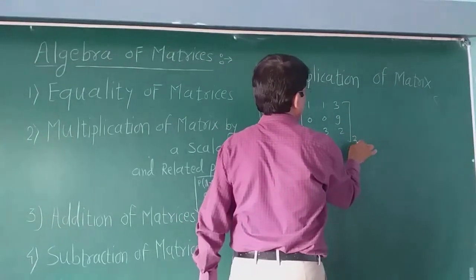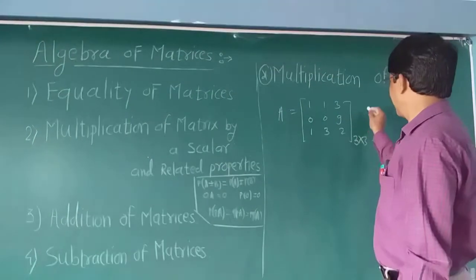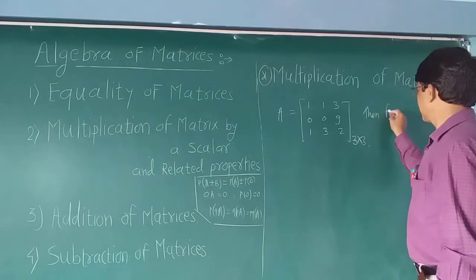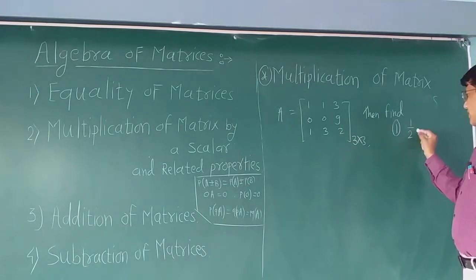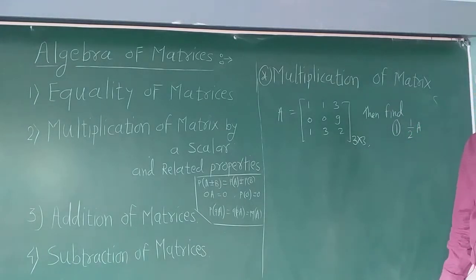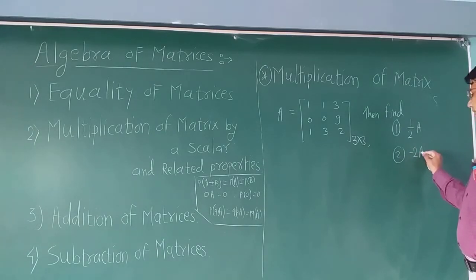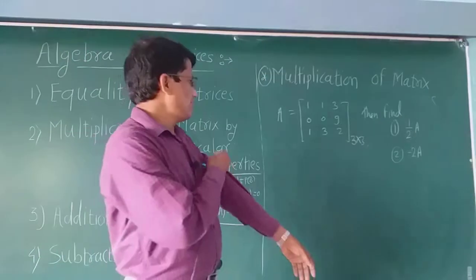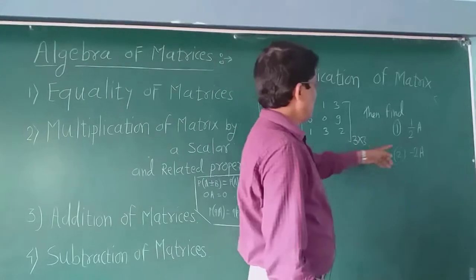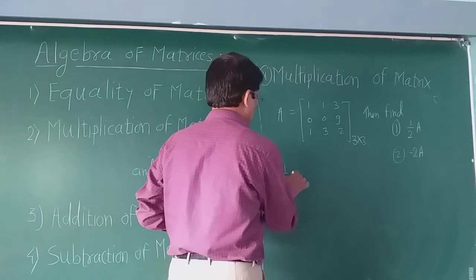This is a matrix of order 3 by 3, and we have to find number 1, 1 upon 2A, and after that minus 2A. Let us discuss these two examples. First, what is 1 upon 2A? We are finding the value of 1 upon 2A.